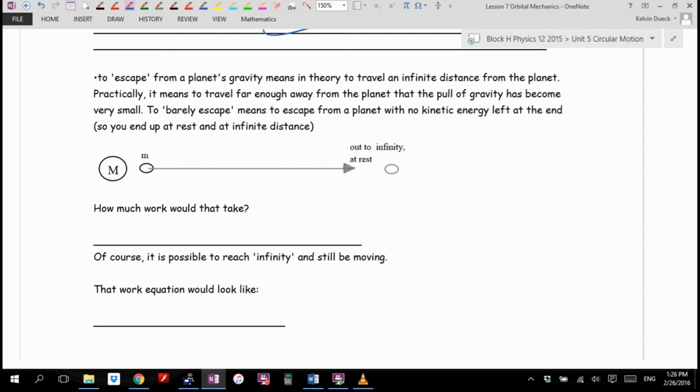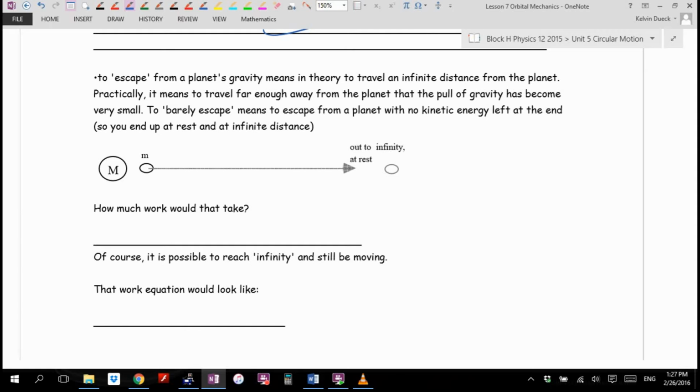And you don't need to go to infinity to do that. In fact, you don't need to go that far. To barely escape means to escape from a planet with no kinetic energy left at the end either. That you coast to a stop far enough away from the planet that it can't pull you back. That would be like you've run the numbers and you didn't waste any extra fuel. You did it just right.